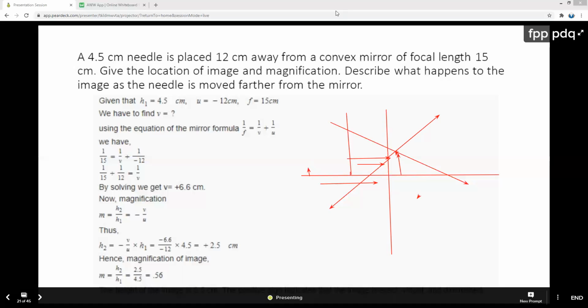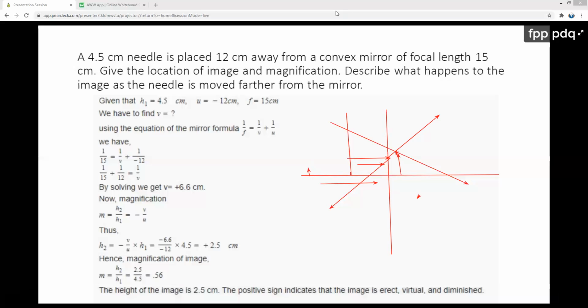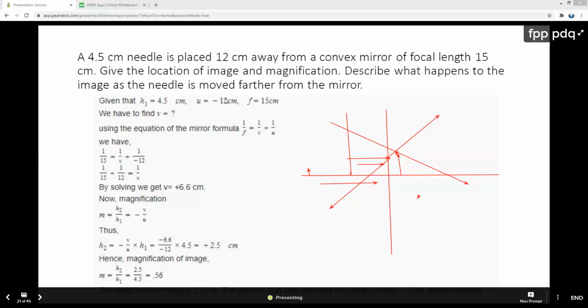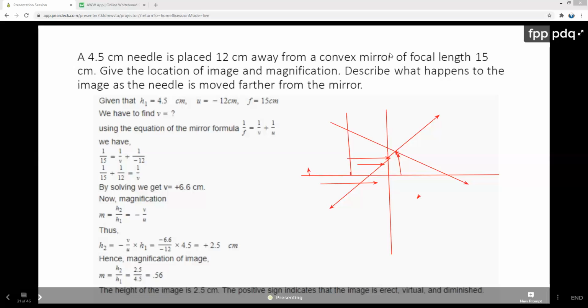So we have to first find the image. We know that magnification, object height, and image height. How do we find it? 1 by 15 plus 1 by 12 equals 1 by v. We get 6.6 centimeter after doing the calculation, that you can do later, because we don't have time now, we'll just skip it.